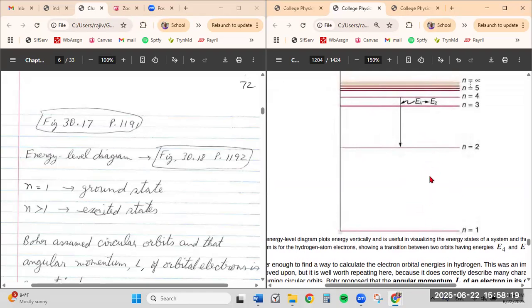But if it's not enough, then it'll just ignore it, it won't accept it. And it's not just from 1 to 2. If you provide enough energy to take it from n equals 1 to n equals 4, that jump is also possible. But the amount of energy you're giving it has to equal the difference between this energy state and one of these energy states.